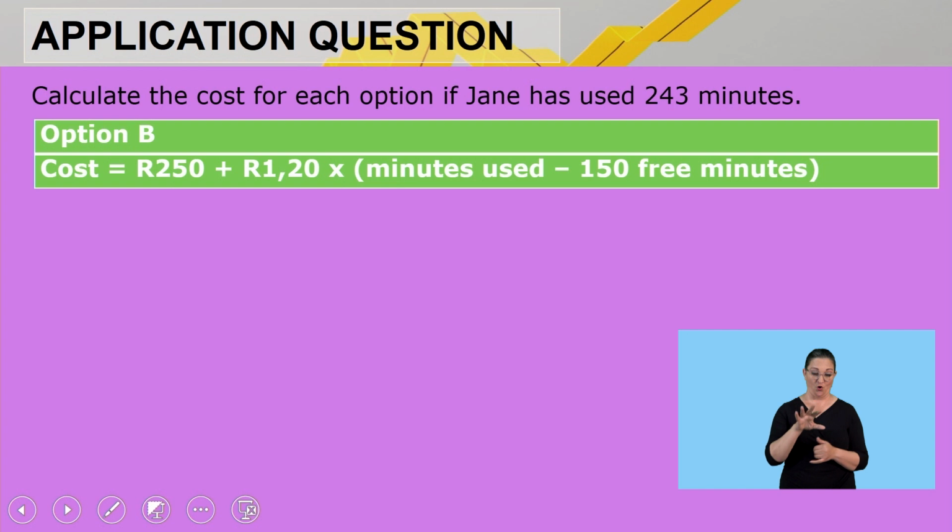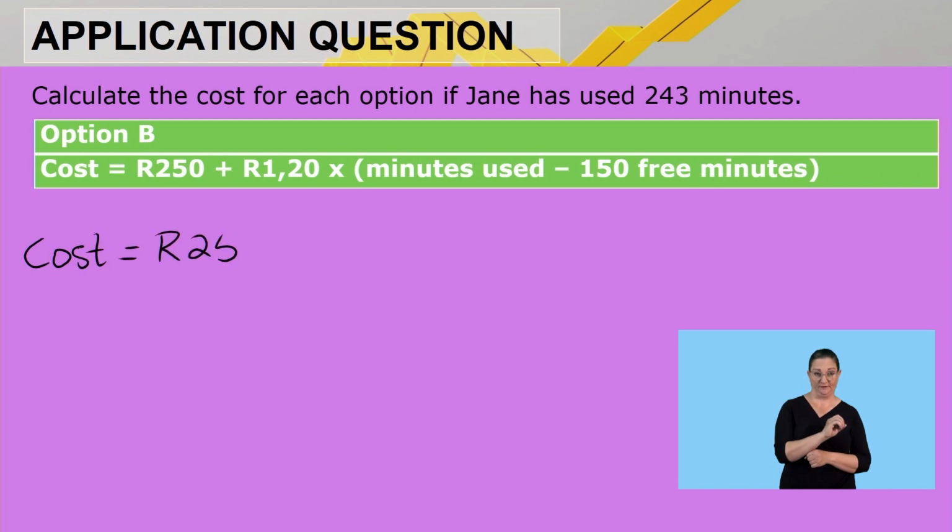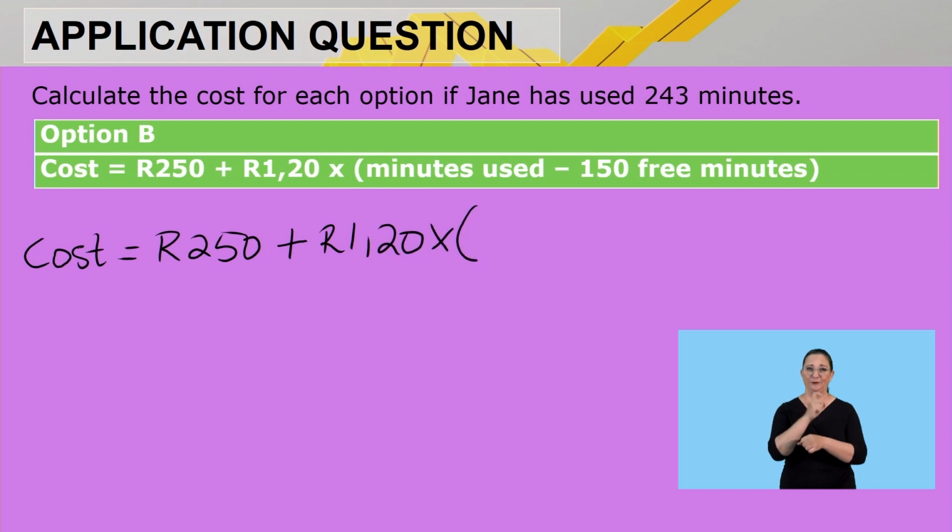Looking at now option number B, which is a contract. The given formula is 250, the standard fee to be paid, plus 120 multiplied by the minutes used. She has used 243 minutes and she will receive 150 free minutes.